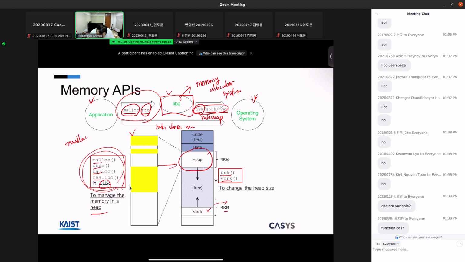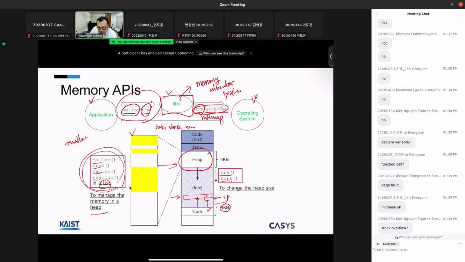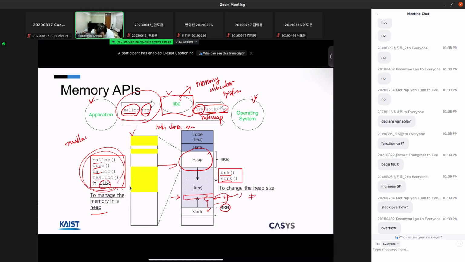Let's say this is 4 kilobytes, and if you put a local variable, then the stack increases. Here is the stack pointer. If the application tries to use more memory than the stack pointer allows, what happens? A page fault happens.